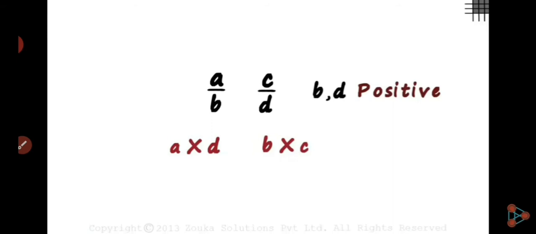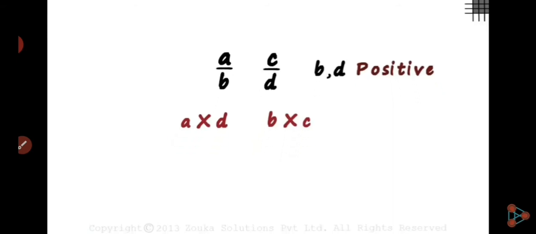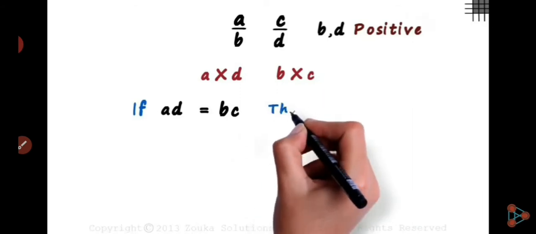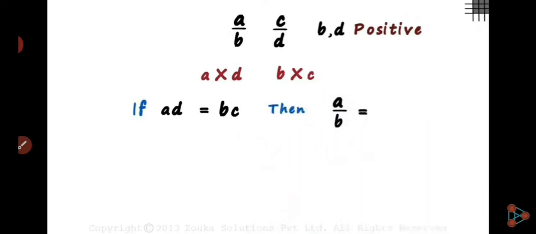There are three simple things we need to understand here. If AD, the product of a and d, is equal to BC, the product of b and c, then a by b will also be equal to c by d. If the product of these two integers is equal to the product of these two integers, then the two rational numbers will be equal.